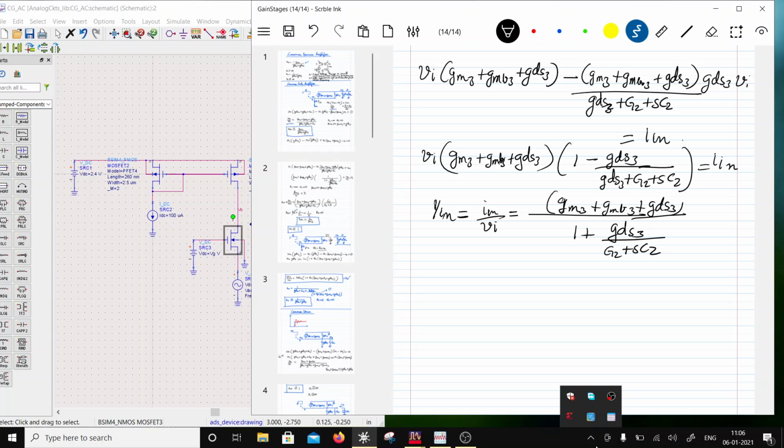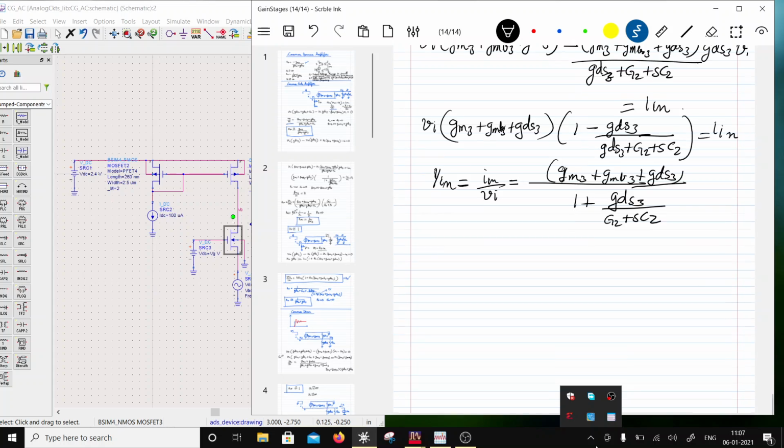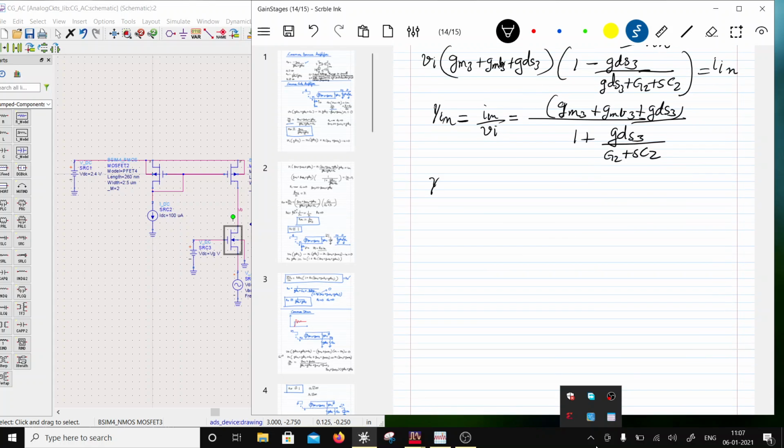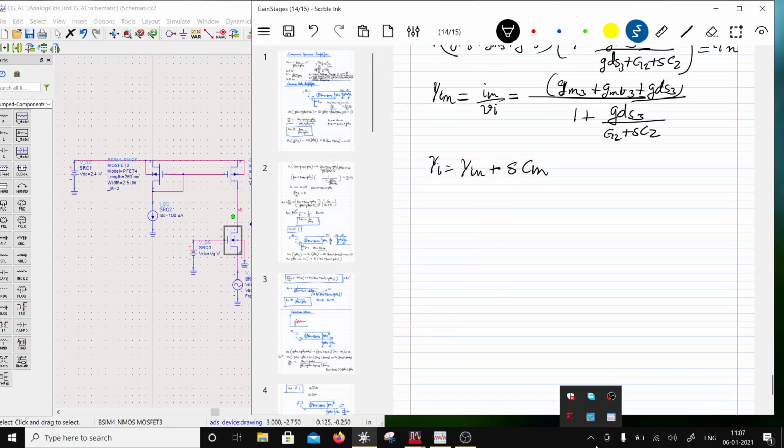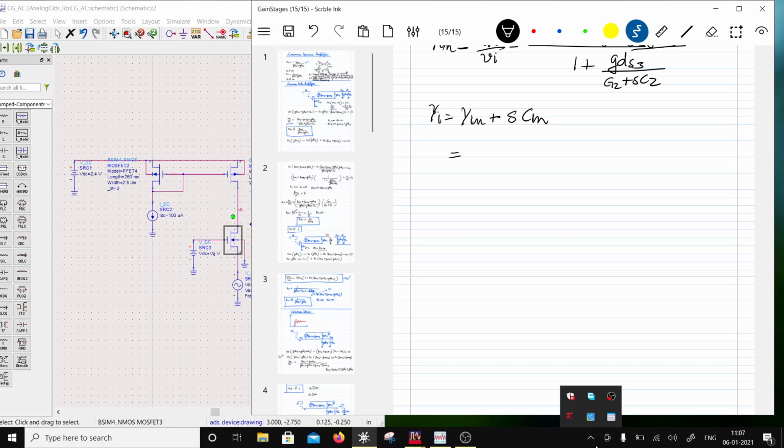So this will be equal to Yin, and then the total input would be Yi, which will be Yin plus of SC in, right? And that would be equal to that. So now I have Vi by Vin is equal to GS by GS plus Y in, or Yi.